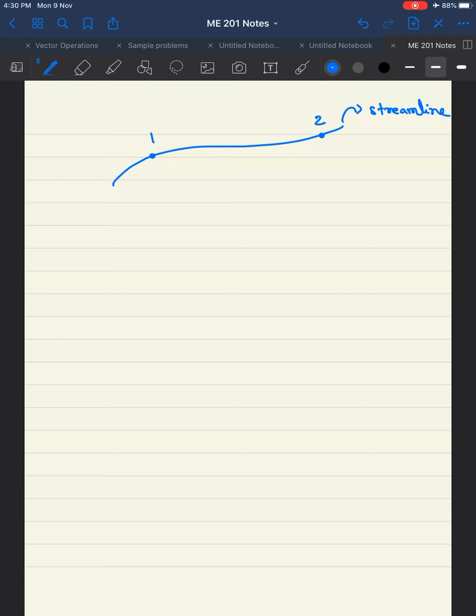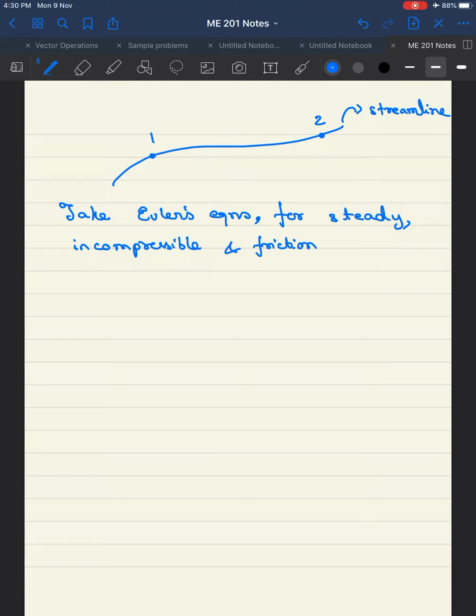Let's say this is a streamline, and take Euler's equations for steady, incompressible and frictionless flow. Obviously frictionless goes without saying because it's the Euler's equation.